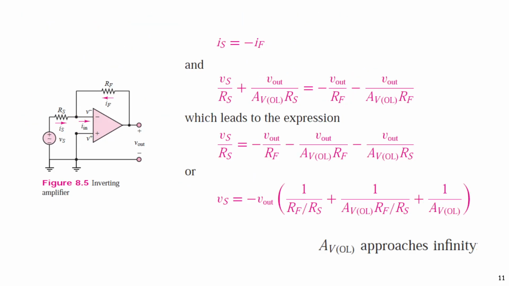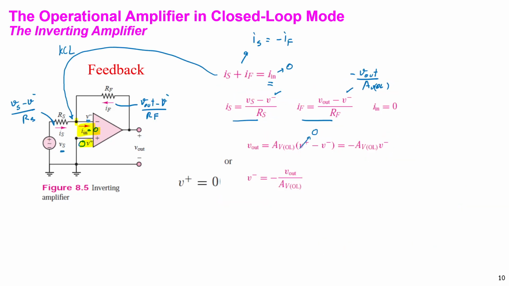So we substitute I_S and I_F: V_S minus V negative divided by R_S equals minus (V_out minus V negative) divided by R_F.